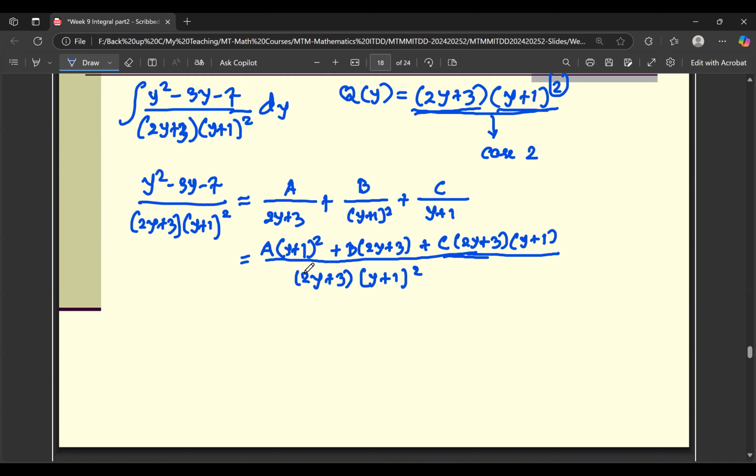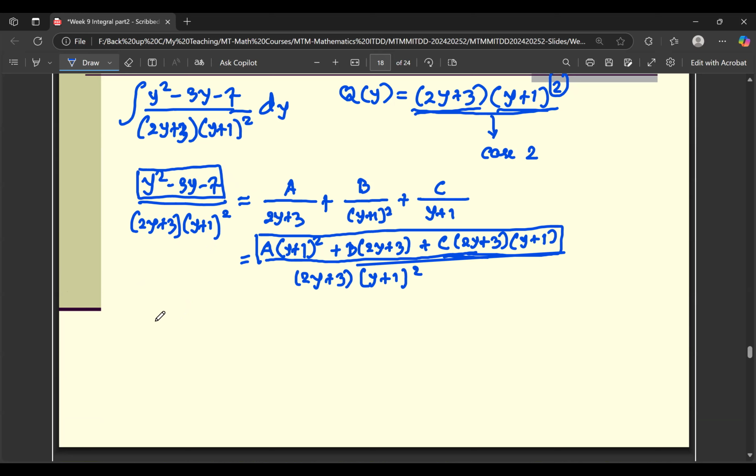The idea is to equalize both sides, so the numerators must be the same, left and right.